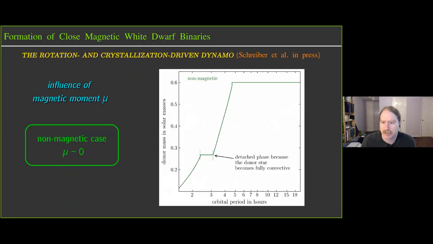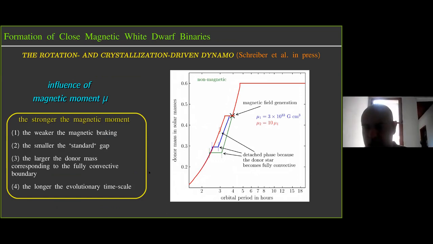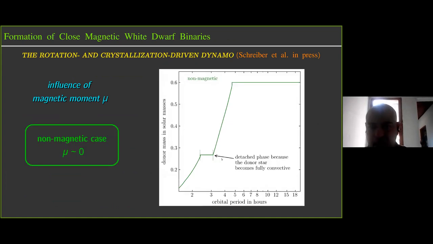I can show you one. Sorry. Here's a plot comparing the secondary mass against the orbital period. Maybe this one first. So for the non-magnetic case, we have, let's say, the full magnetic braking prescription. So here at the onset of the CV phase, the donor mass decreases, and then when it becomes fully convective, we have this so-called gap phase, this so-called detached phase.